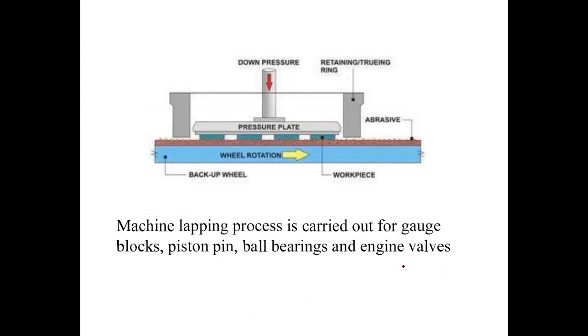Normally wherever the surface finish and dimensional accuracy have to be very accurate, lapping is used. Now take the IC engine. For the engine block and cylinders, we need super finishing, because, as you may have studied in thermal engineering about the piston cylinder arrangement, the piston and cylinder have to be properly aligned and move properly.